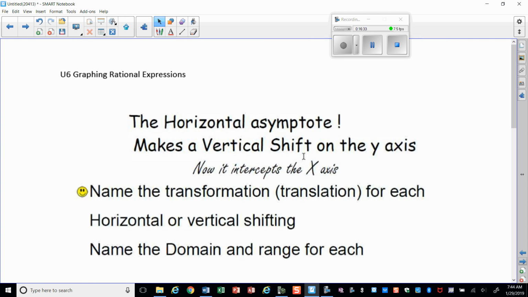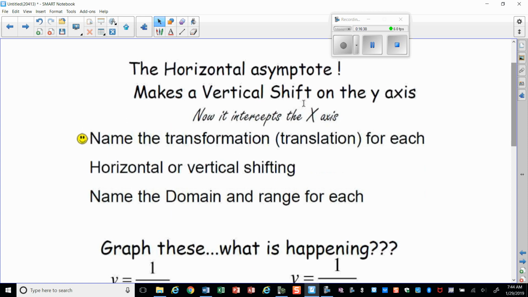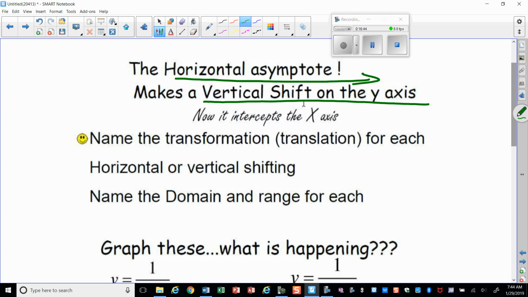So we've talked about the horizontal asymptote. The horizontal asymptote makes a vertical shift on the y-axis. It's horizontal, so you're going up and down the y-axis. These are called translations because we're just moving up and down.